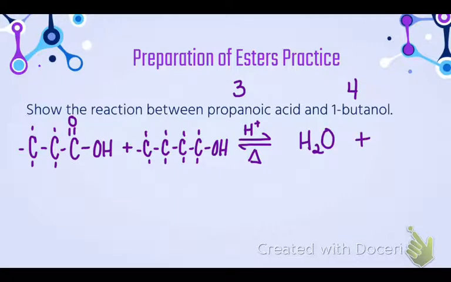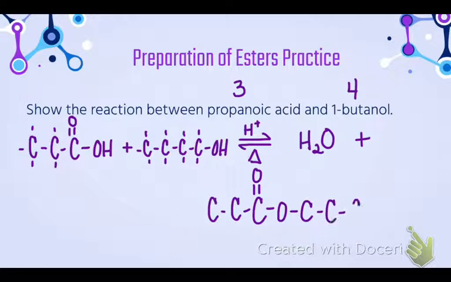And I'm going to write the other product below. I have the 3-carbon carboxylic acid and the double bond O there, and that O has stayed on there. And now I'm going to take the 4-carbon chain that I had with the butanol, and I'm going to write it like so to form this ester.